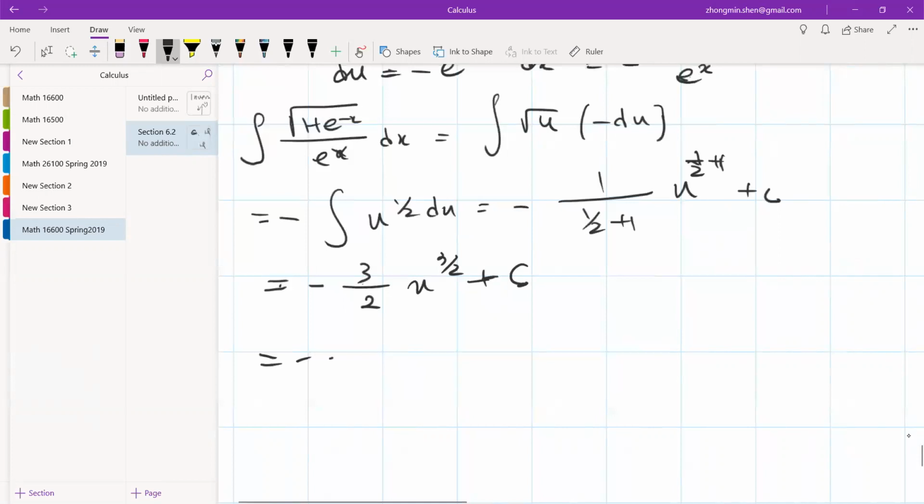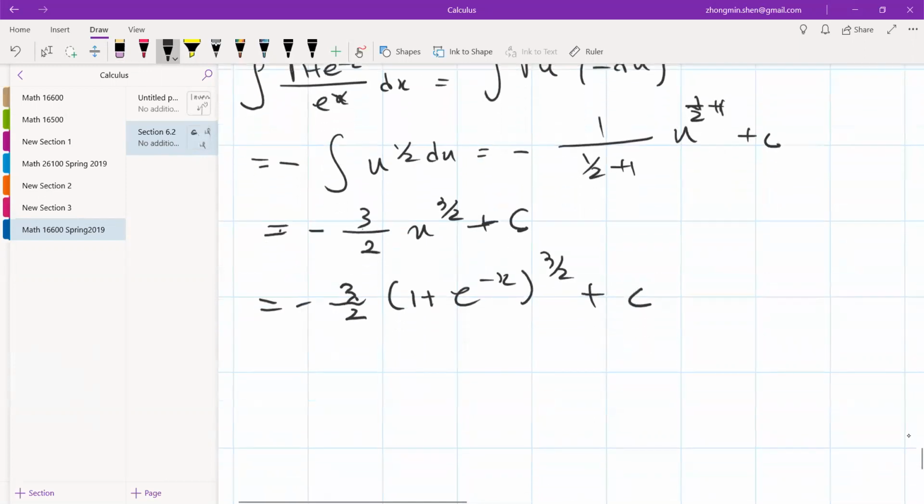So it's going to be negative 3 over 2 times 1 plus e to the negative x to the 3 over 2. This is just the indefinite integral, the antiderivative of the function.